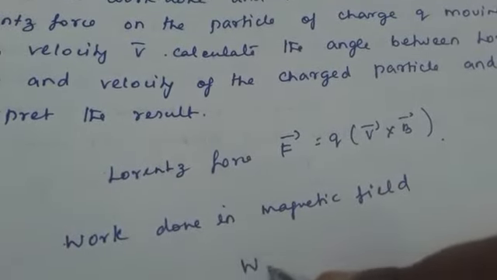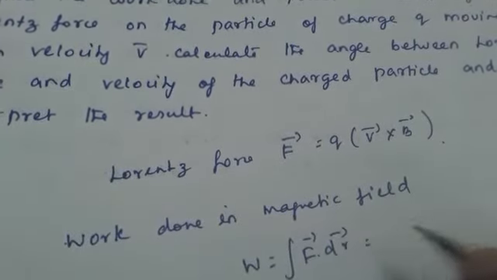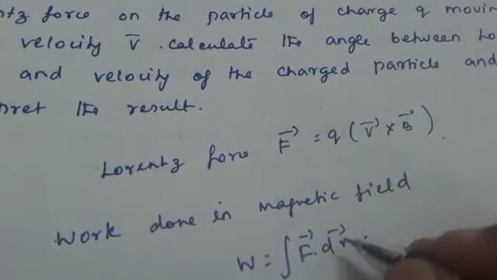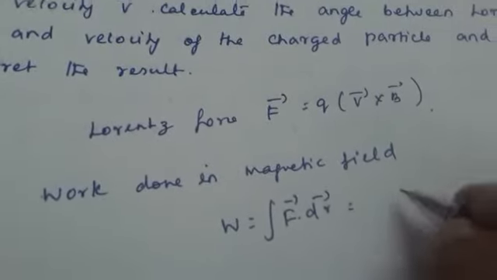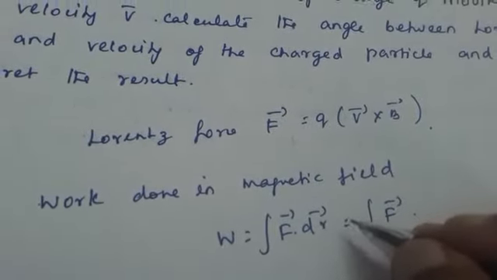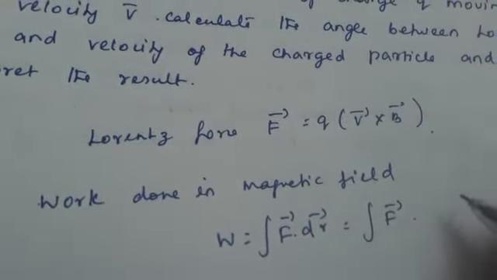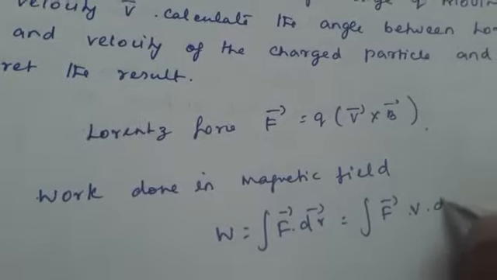Work done in magnetic field, W is equal to integral F dot dr. Here dr can be written as, r vector is equal to velocity into time, so dr is v into dt.